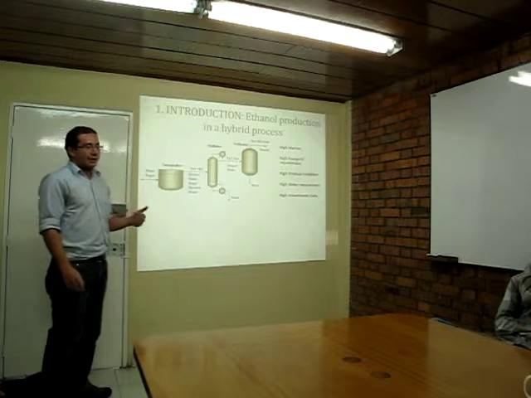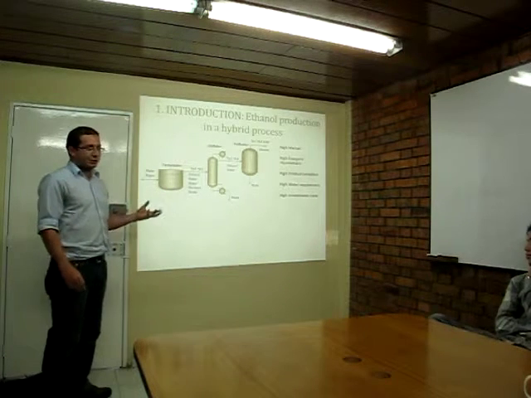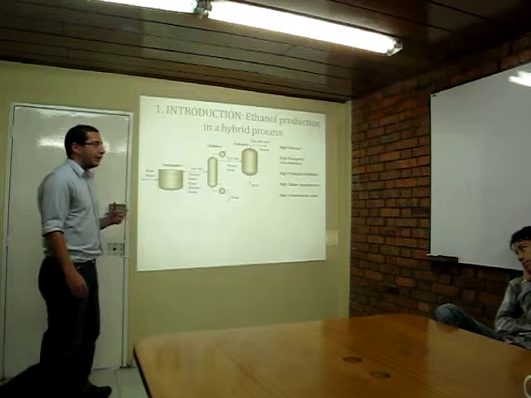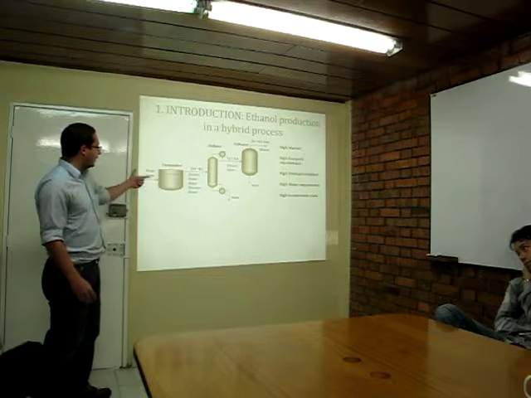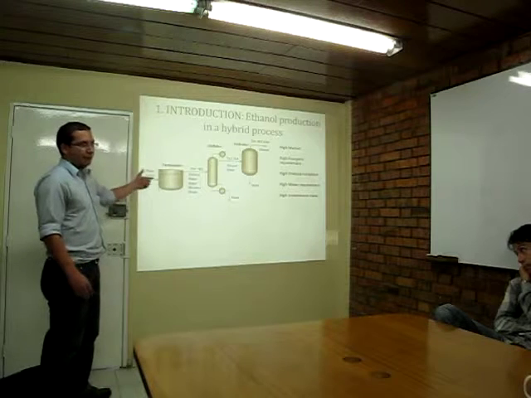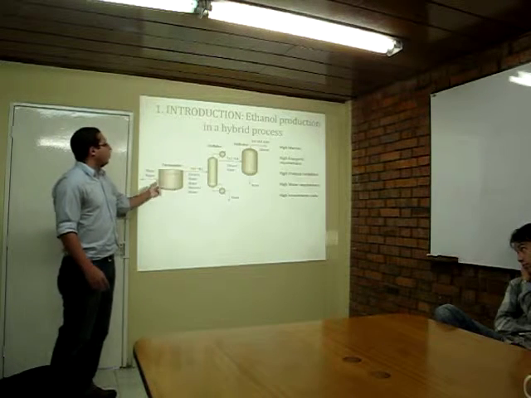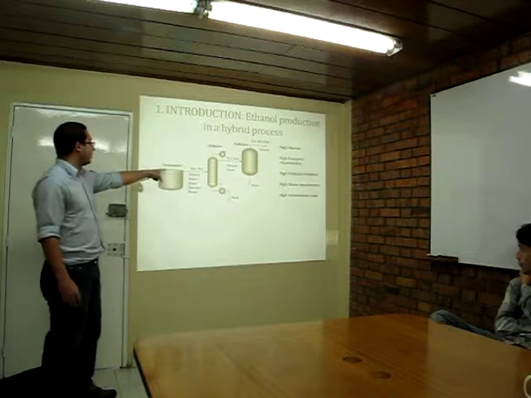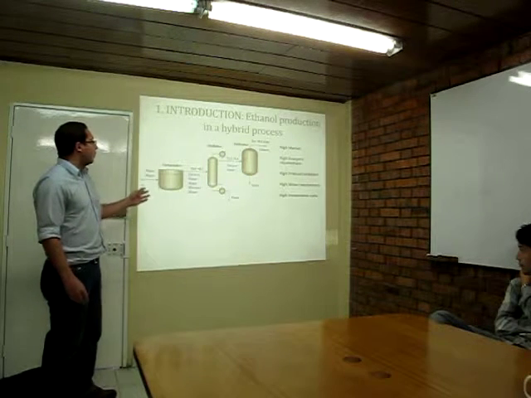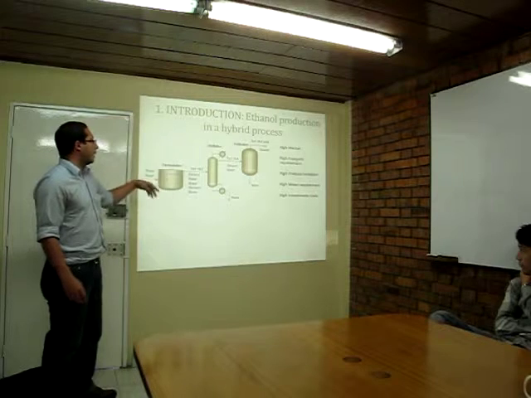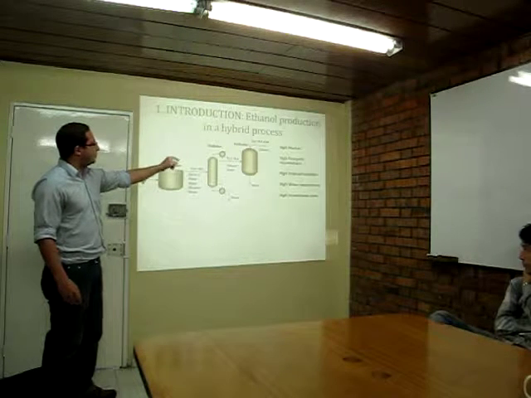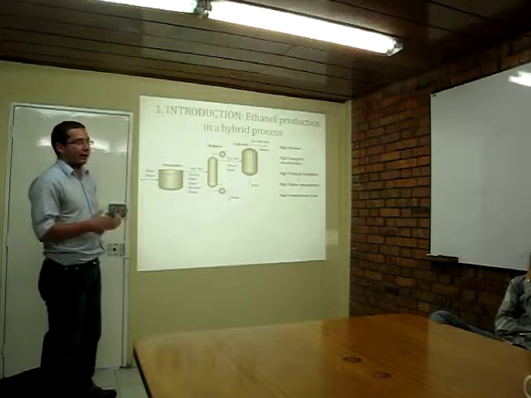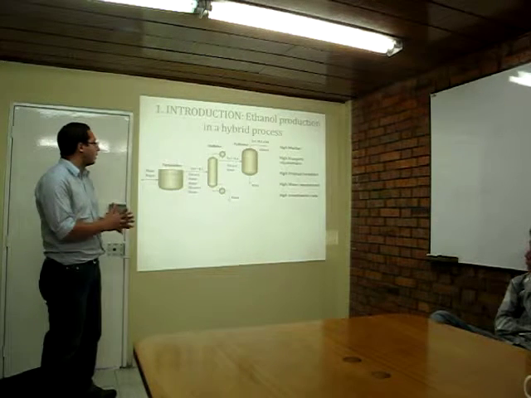We take mainly water and sugar, and we make the fermentation, and we obtain mainly ethanol and water. Then we pass to the second step, the step of distillation, and finally we take the purification step, and we obtain the ethanol in high purity.